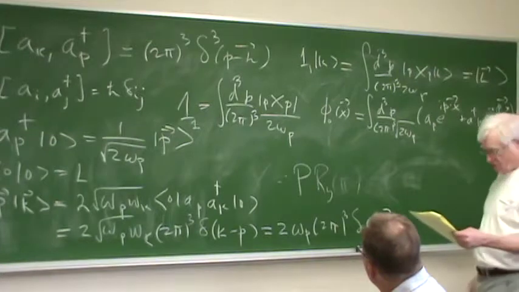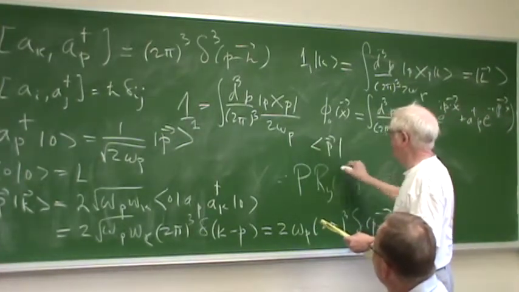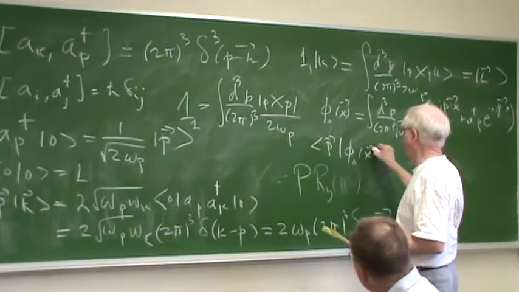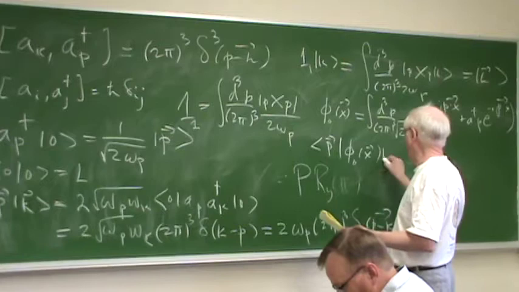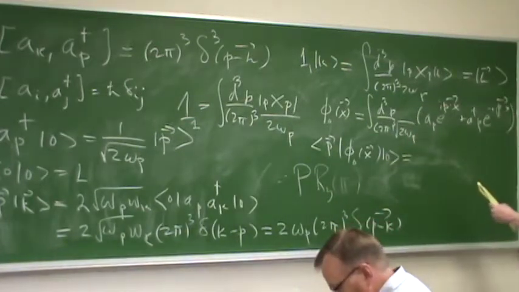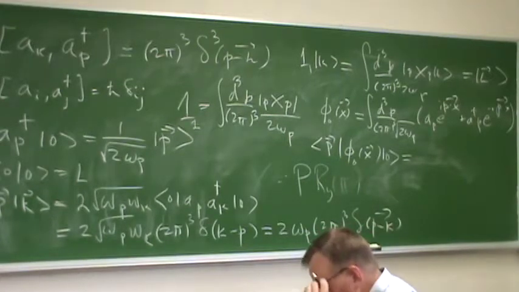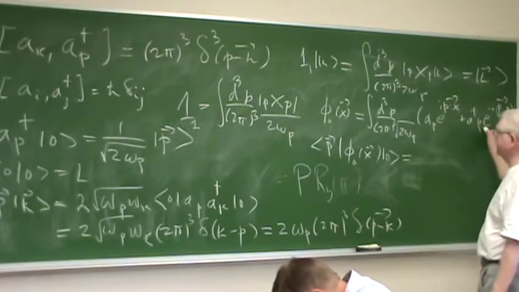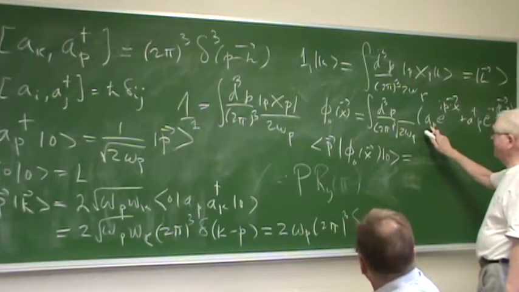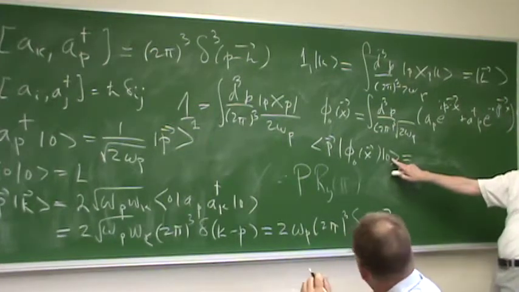But what's rather cute and comforting is if we take the inner product of <p| with phi 0 of x, so everything's at time 0, and then the vacuum, well, what do we get? We're going to have all of these things, and the annihilation part isn't going to count, because when the annihilation part hits the vacuum, you get 0.